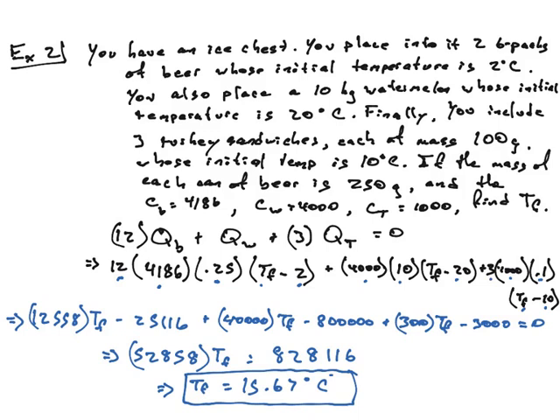But as long as you're careful, you multiply everything out, you get a big long equation with a whole bunch of numbers, collect all the variables to one side, everything else on the other side, and you solve.